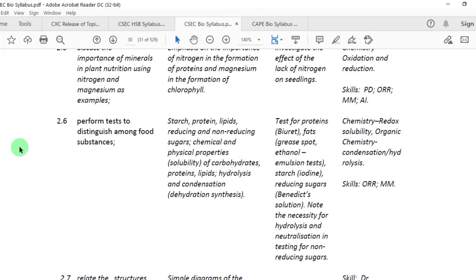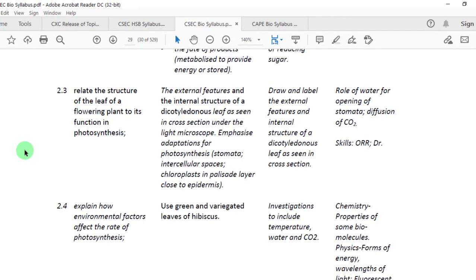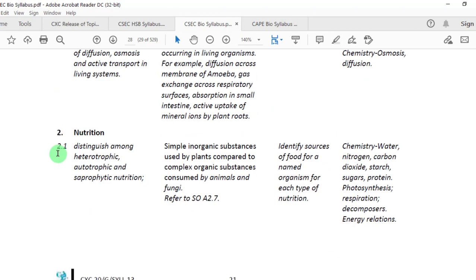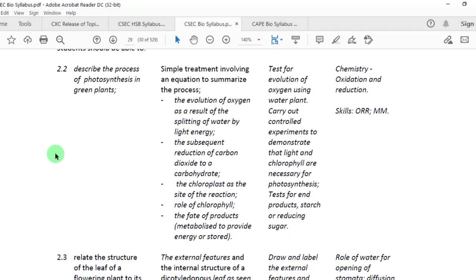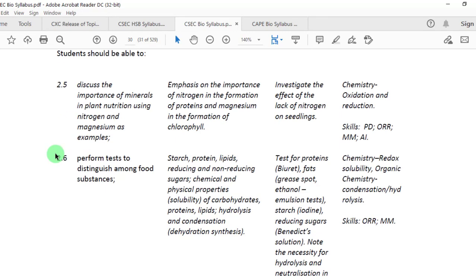Section B, subsection 2, which is nutrition. And it's a specific objective in that subsection: perform tests to distinguish among food substances.